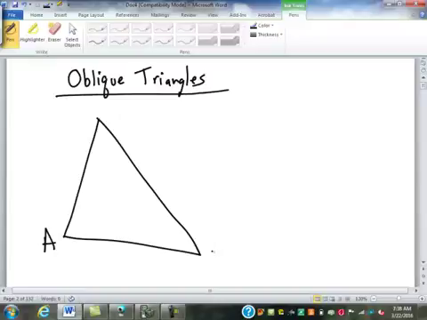And if I label my triangle A, B, C as my vertices, of course the opposite sides are little a, little b, and little c, labeled by their opposite angles. Since there are no right angles in this triangle, our trig functions don't apply in the way that we're used to. There is no hypotenuse. There are no adjacent and opposite legs, because there are no legs and there's no hypotenuse if there's no right angle.